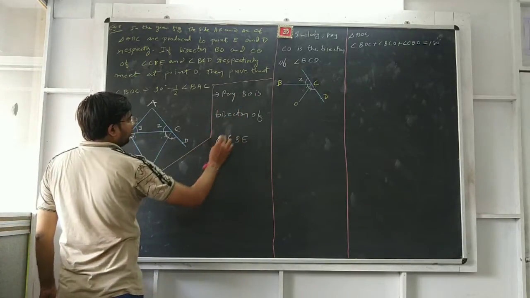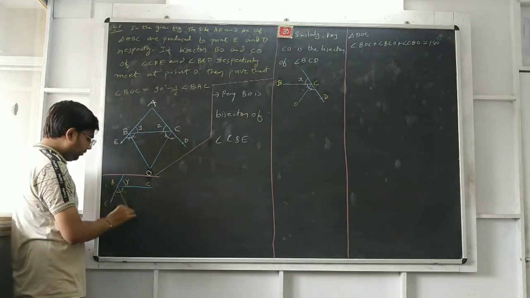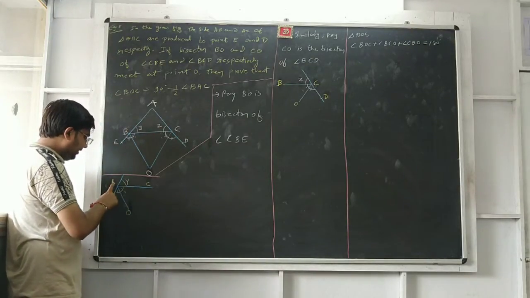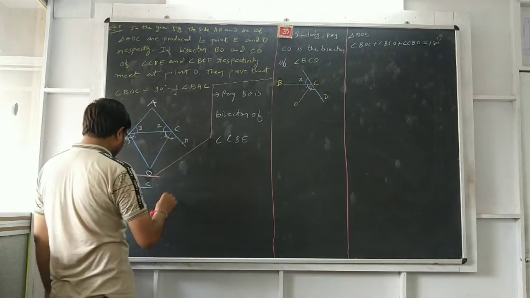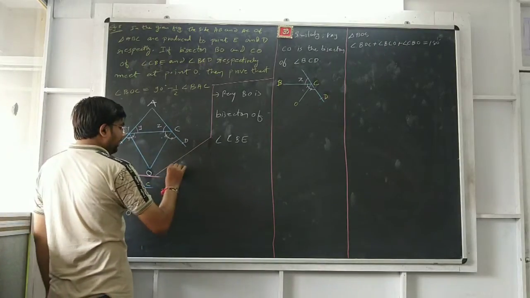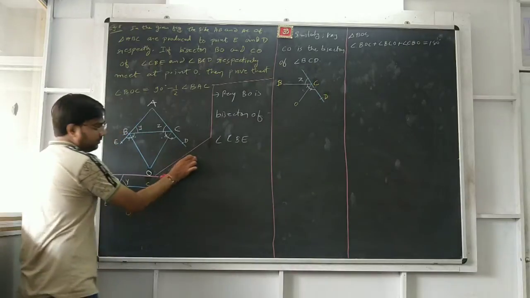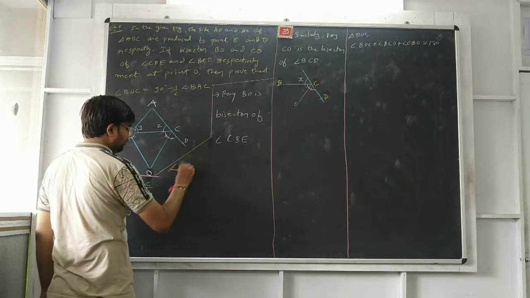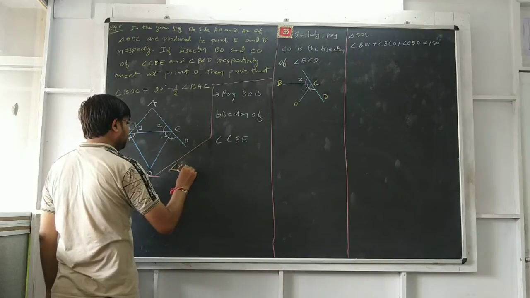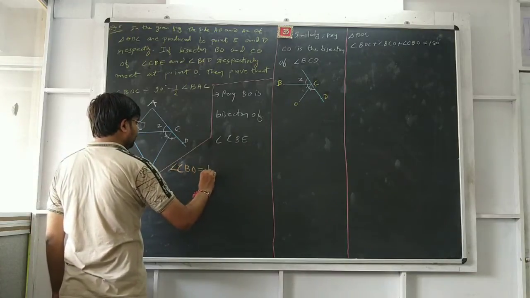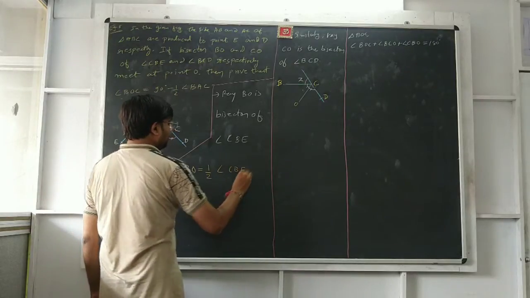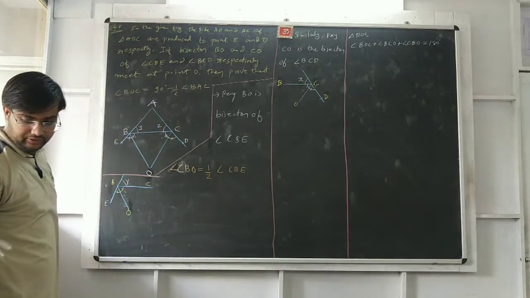BO is the bisector of angle CBE. Then I can write that angle CBO is equal to 1 by 2 angle CBE, because it is given.